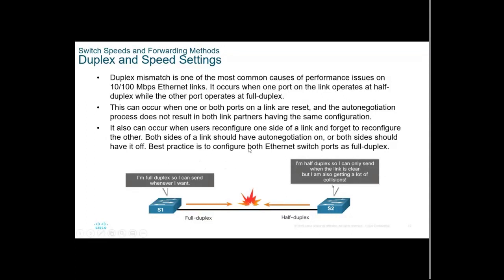This occurs when one or both ports on the link are reset, and the auto negotiation process does not result in the link partners having the same configuration, or you've gone in and manually configured it. It also occurs when a user reconfigures one side of the link and forgets to do the other one. So it's misconfiguration, really, that's the problem.